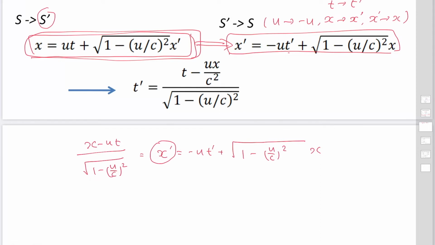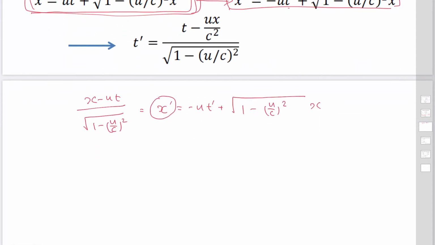From these equations, you can express x minus ut equals square root of 1 minus u over c squared times minus ut prime plus square root of 1 minus u over c squared times x. Then you can expand.